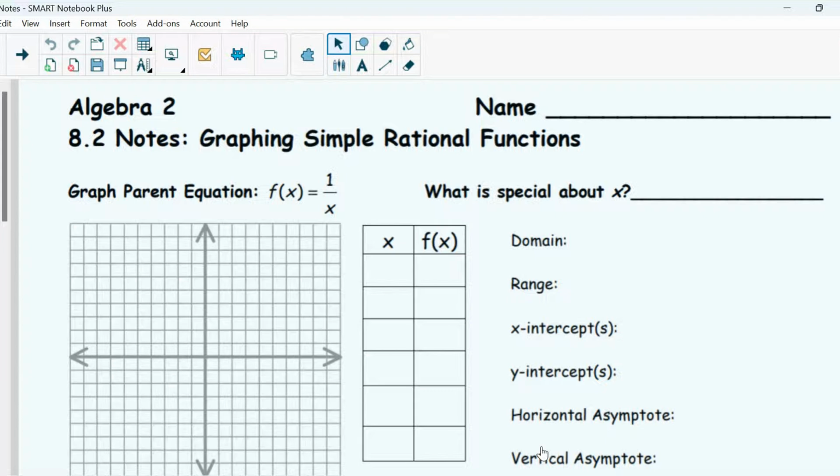Functions. So a rational function looks something like this parent equation that we're given, f of x equals 1 over x. So it asks us over here, what is special about x? Well, in this equation, x is the denominator.